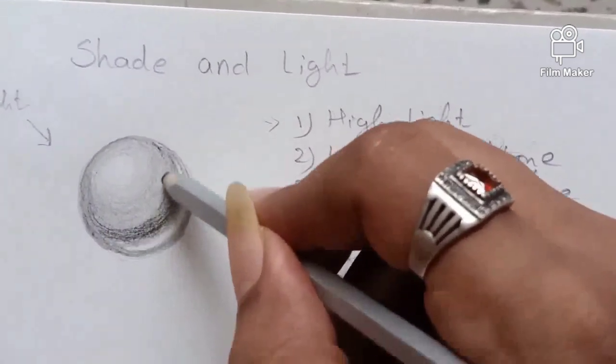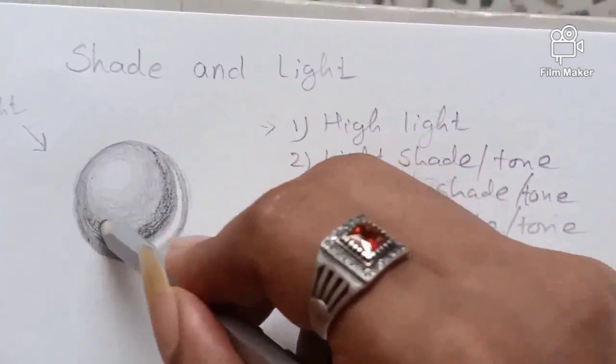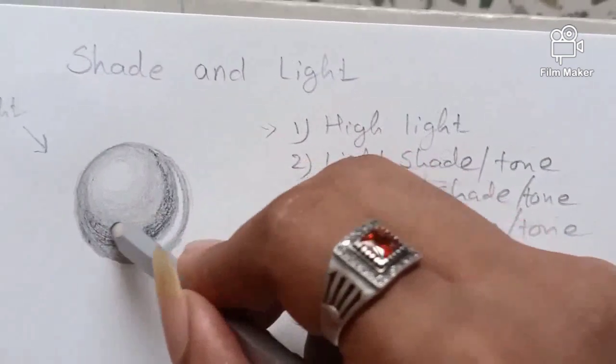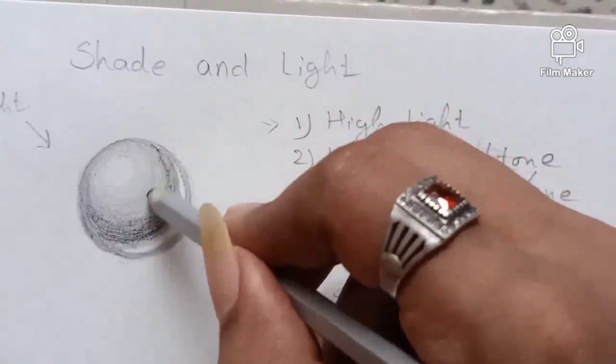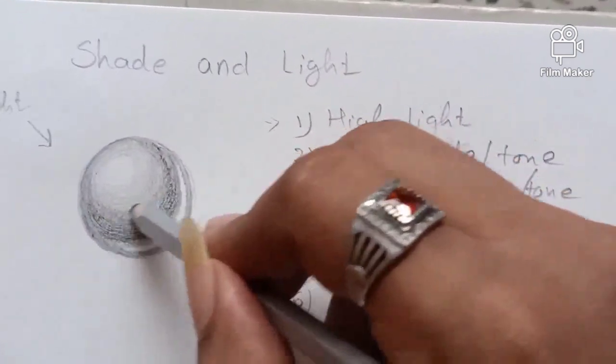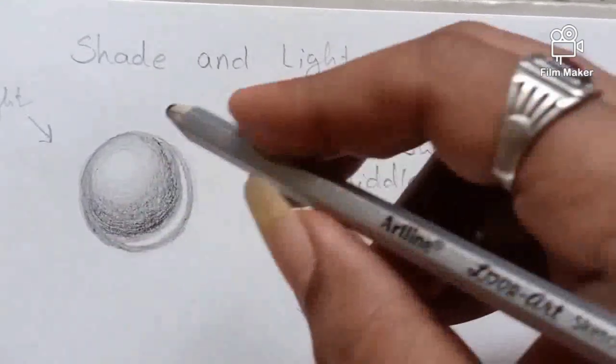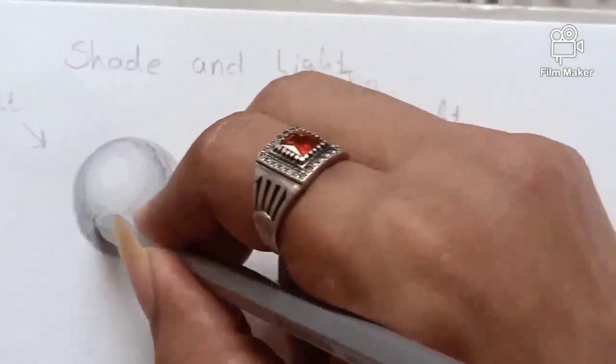If you don't have this kind of pencil, you can do it with a single 2B pencil also, but the impact of the darker effect will not come, though the shading will come. For practicing only the shading, a single pencil is enough.